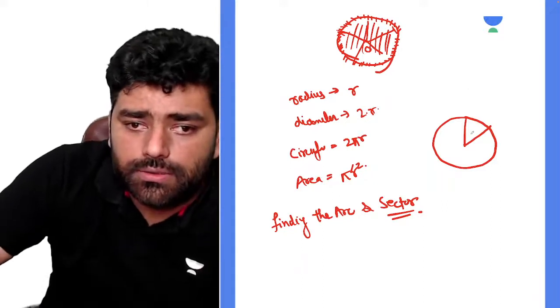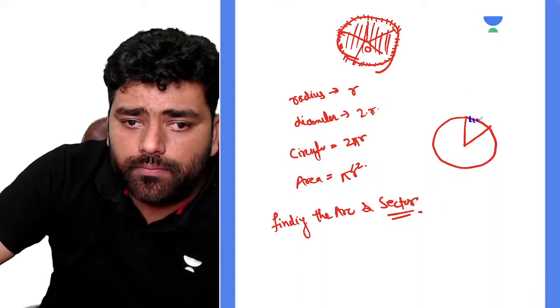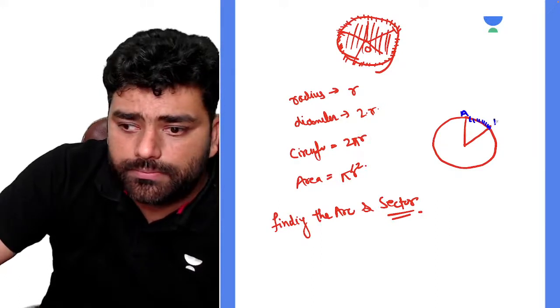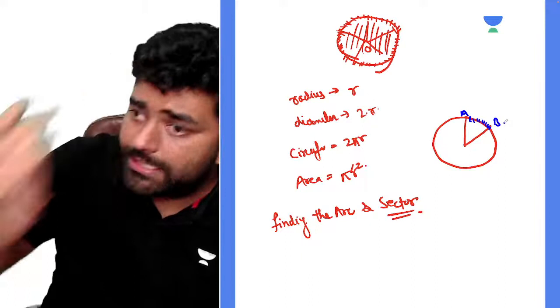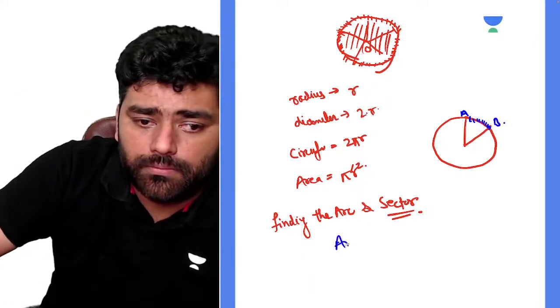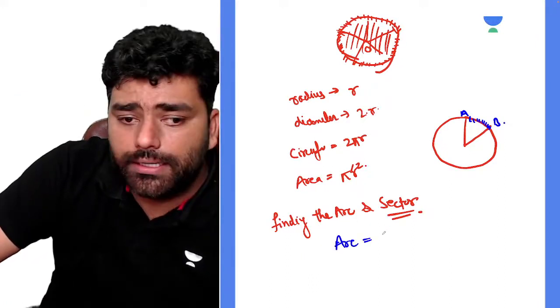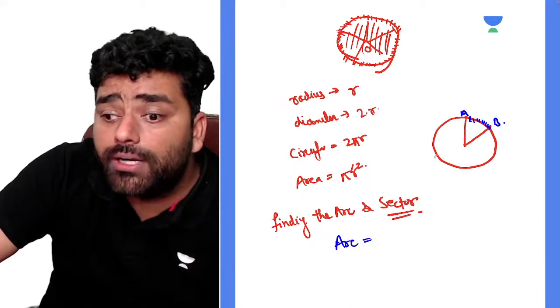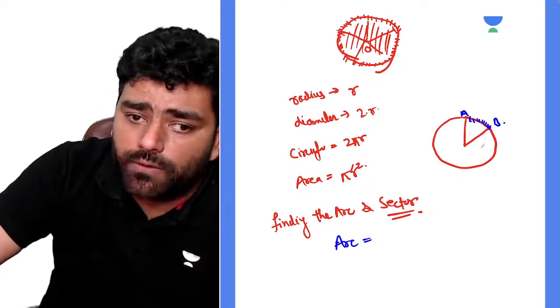Suppose you need to find this distance, A to B only. This distance is the arc. An arc is a part of the circumference.